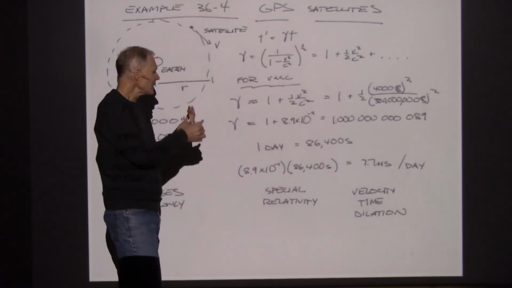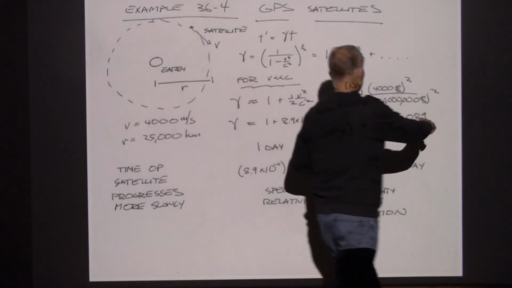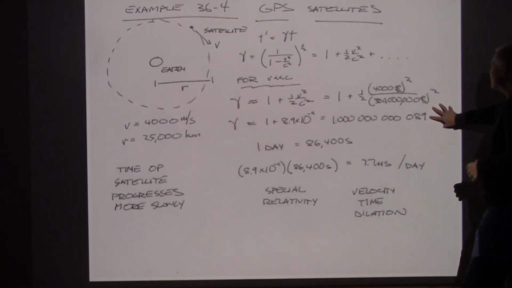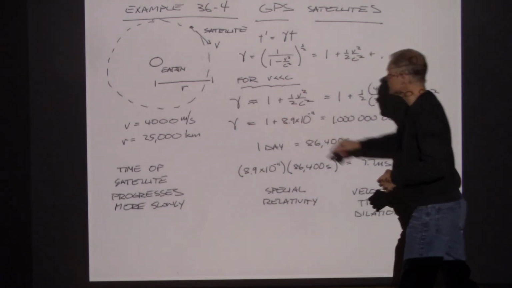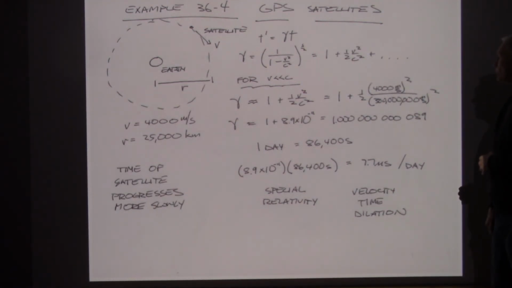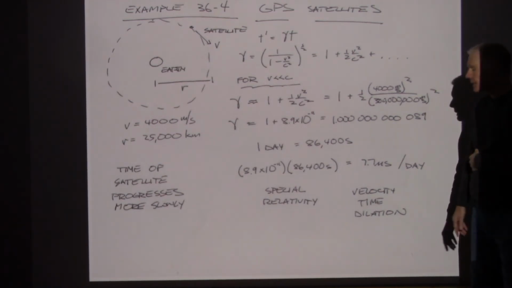So during each day, how much difference in time would this gamma factor introduce? And this extra piece of the gamma factor, this 8.9 times 10 to the minus 11, well, let's see, it's actually about 100 parts per trillion. That turns out to be 7.7 microseconds every day.